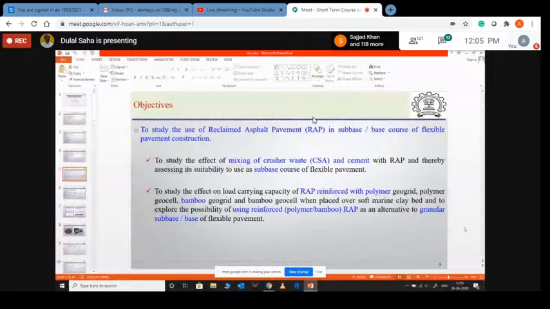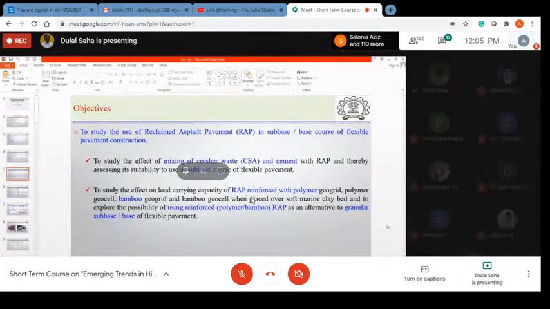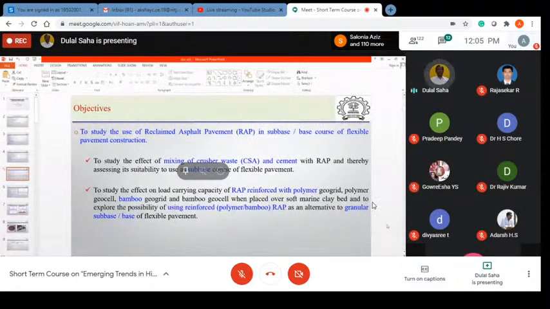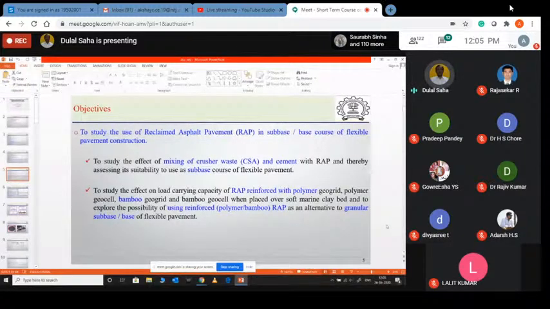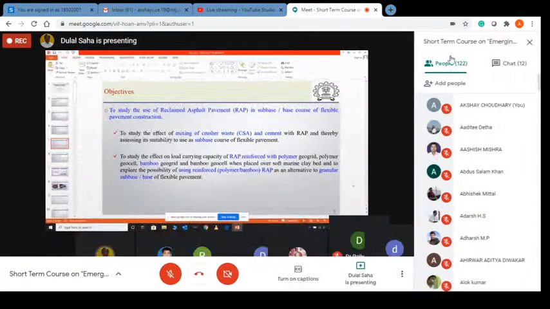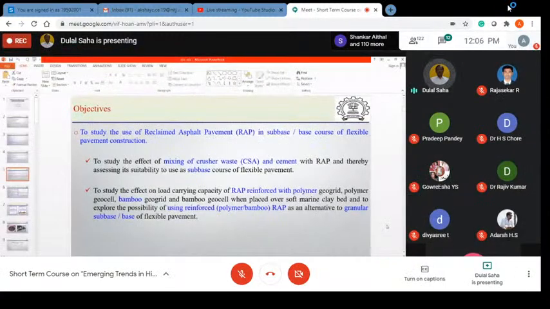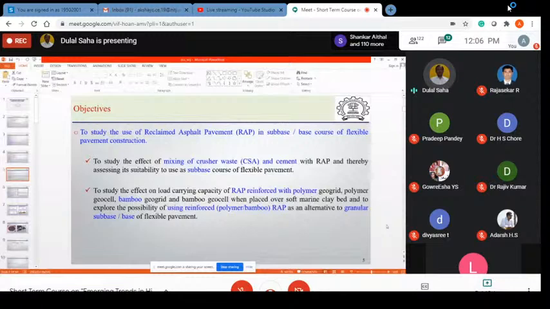So in this study, what we try to do is mix RAP with crusher waste, and then find out whether this mix of RAP and crusher waste can be utilized in either of the two granular layers, like GSB or WMM. And we found that along with RAP and crusher waste, we need to use a small percentage of cement.